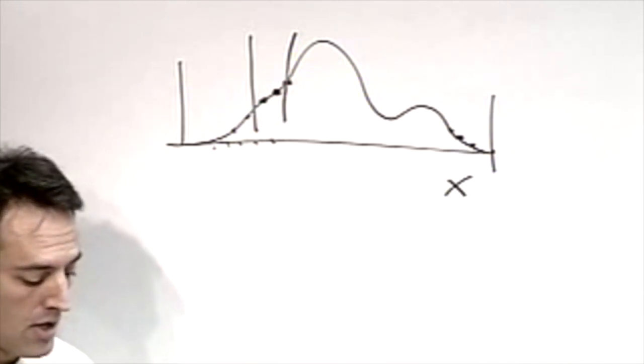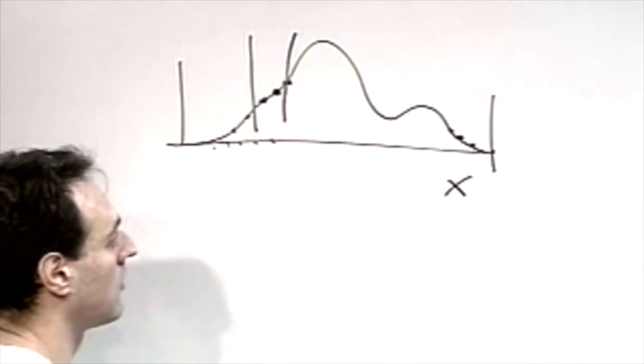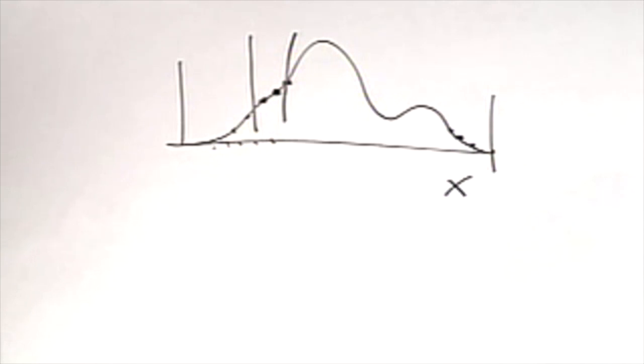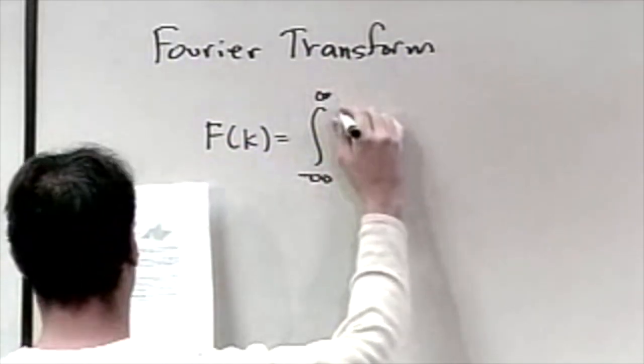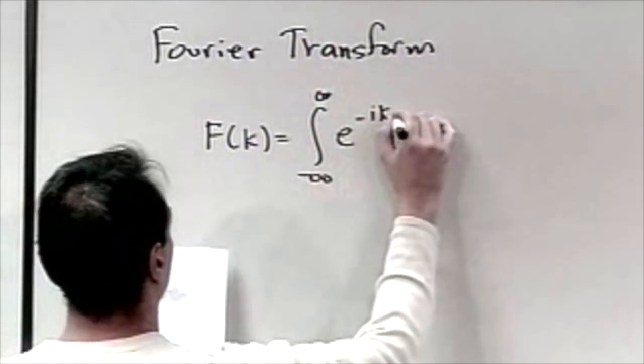Okay? Now we've already defined a Fast Fourier Transform pair, or a Fourier Transform pair. Let me do it again here. Fourier Transform is nothing more than you shift it over. Here's one possible definition of the Fourier Transform.